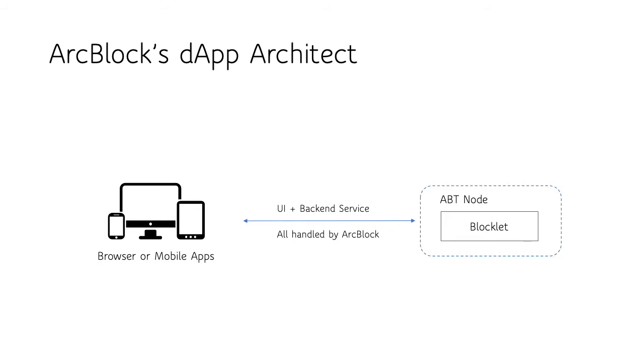So the architecture now becomes much simpler. For dApp developers, you no longer need to deal with web servers, databases, middle tiers, blockchain nodes, or API servers. Everything is handled by the ABT node. All you need to do is focus on building the core features of your application itself.